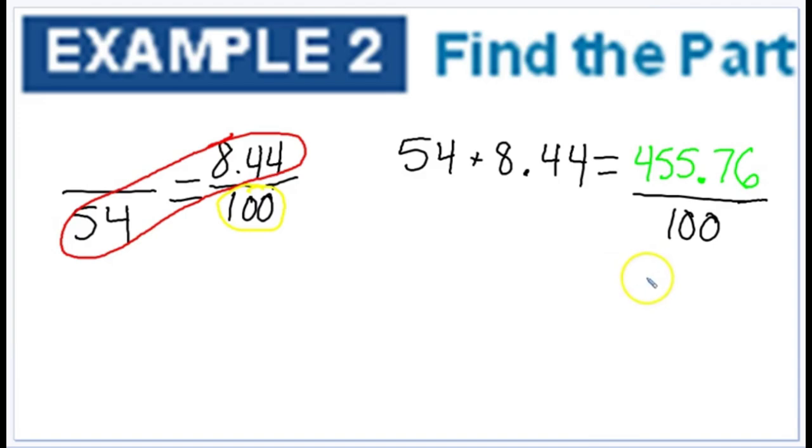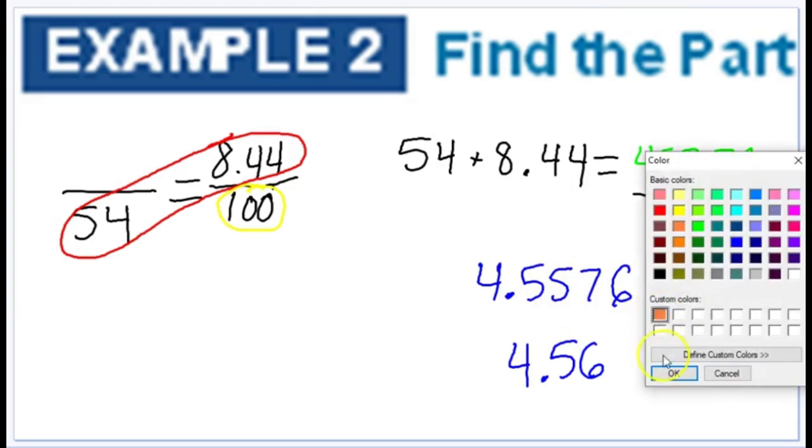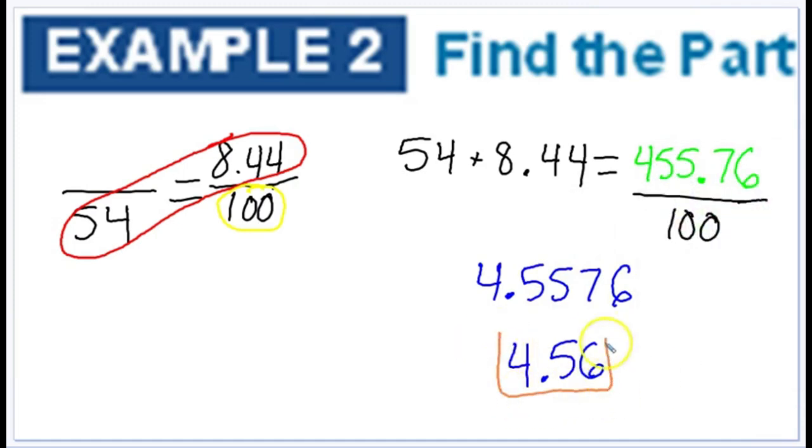But this is money. So we can only have 2 decimal places. So 4.5576 becomes 4.56 because this 7 makes this 5 round up. Okay? That is rounding, and that is how it goes. So now that we've got 4.56, we can box it up and ship it out because it's good to go.